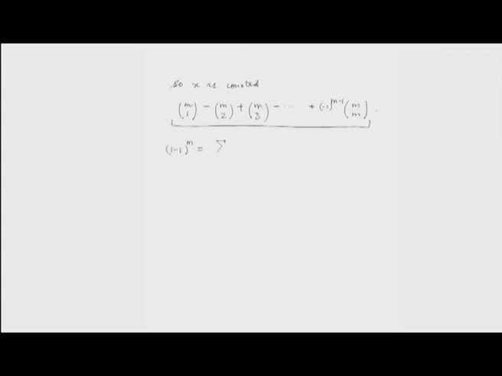of the considered subsets. Now, we see the binomial expansion of 1 minus 1 raised to the power m, which is equal to sigma i equal to 0 to m of m choose i, minus 1 raised to the power i, 1 raised to the power m minus i, which is equal to m choose 0 minus m choose 1 plus m choose 2 minus 1 square plus m choose 3 minus 1 cube and so on up to minus 1 raised to the power m, m choose m.